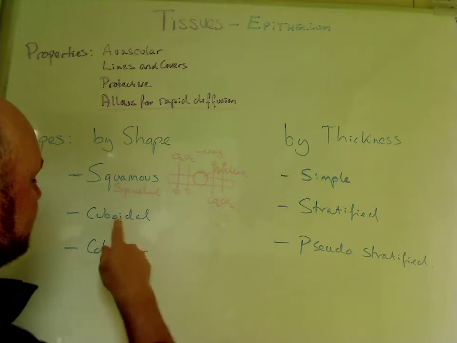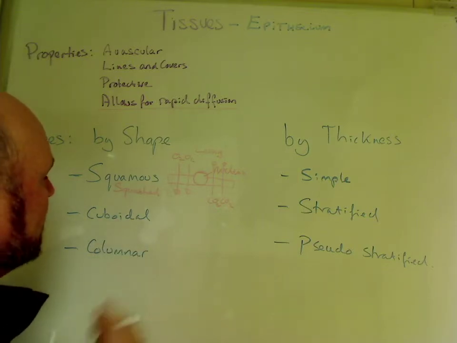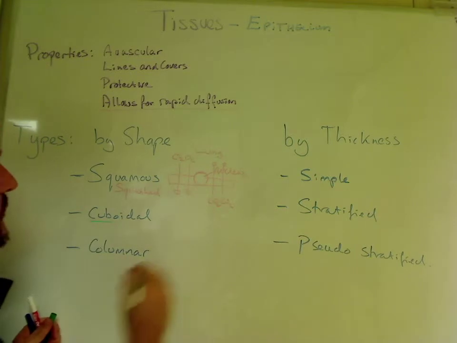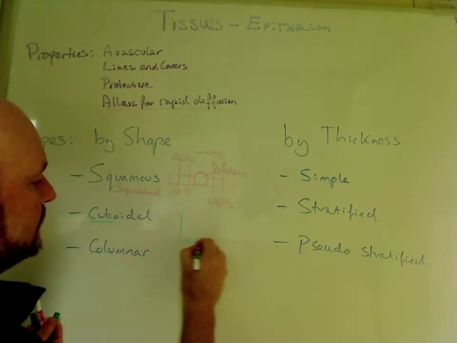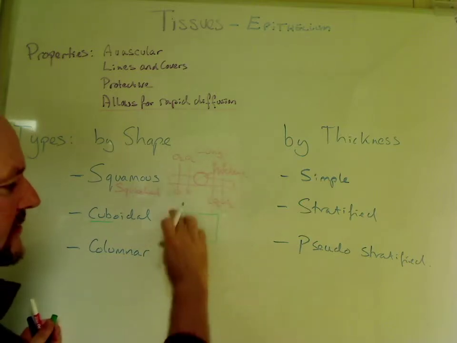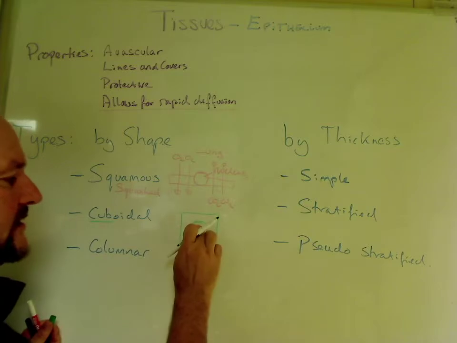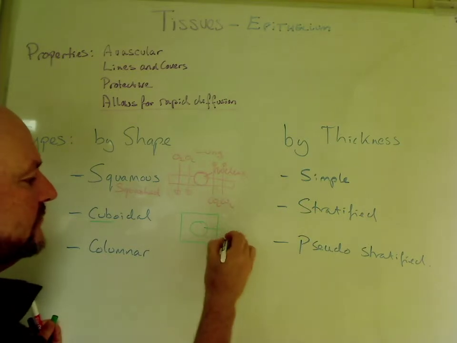So, next one, cuboidal. Cube. So, not flattened, this is now cube-shaped. Another giveaway of cuboidal is a central nuclei.